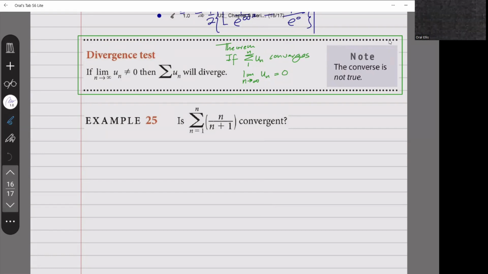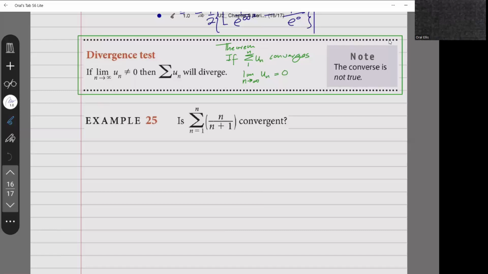The theorem in green says that if a series converges, the limit as n approaches infinity of the general term will be equal to 0. And we were also told that the converse is not necessarily true. That if a series converges, the limit as n approaches infinity of the general term is going to be 0. That is the theorem we learned earlier.